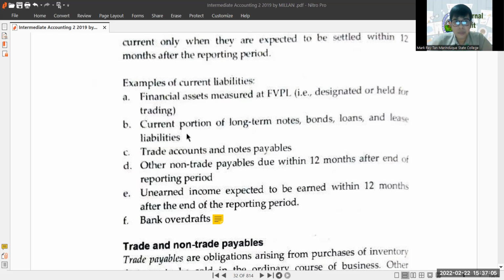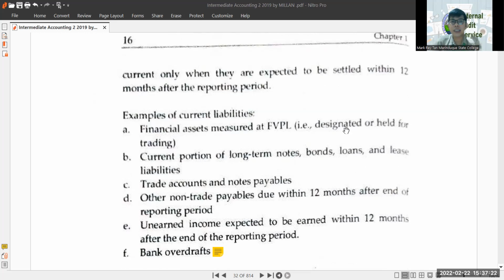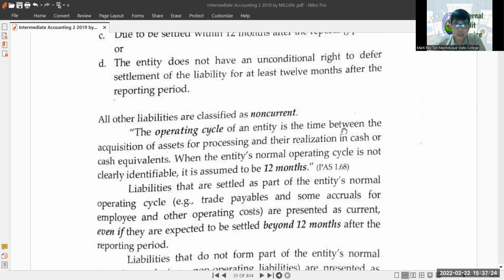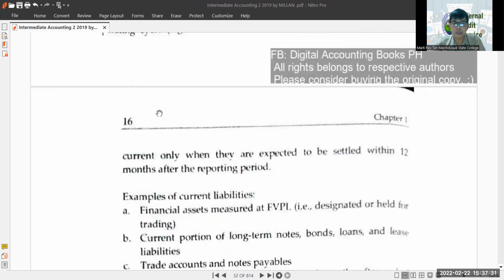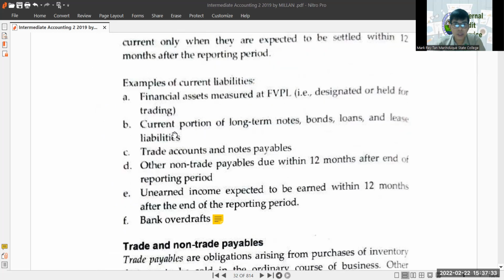Okay. Letter B, current portion of long-term notes, bonds, loans, and lease liabilities. Please take note of the word current portion. Kasi itong mga nabanggit dito, they are usually long-term liabilities. Pero since meron tayong term kanina, itong due to be settled within 12 months after the reporting period sa letter C, diyan papasok itong current portion of long-term notes.